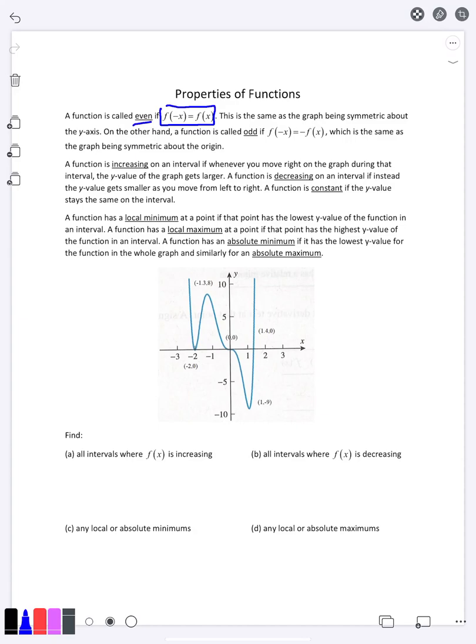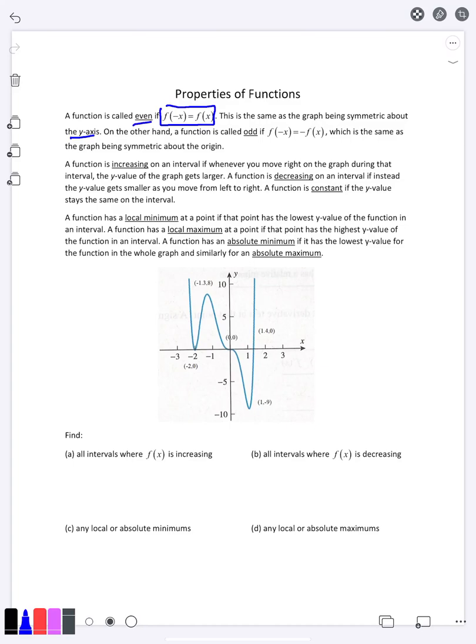What this means is if you ever plug in negative x into your formula, if you always get the same answer as if you had plugged in positive x, then the function is called even. However, this is the exact same as being symmetric about the y-axis. So it's really not a new concept, it's just a new name for the same concept.